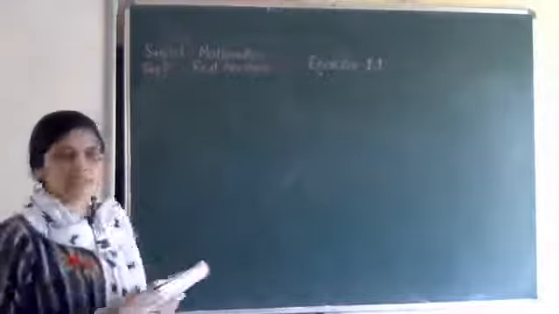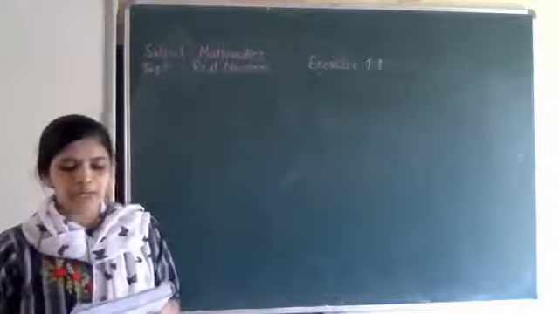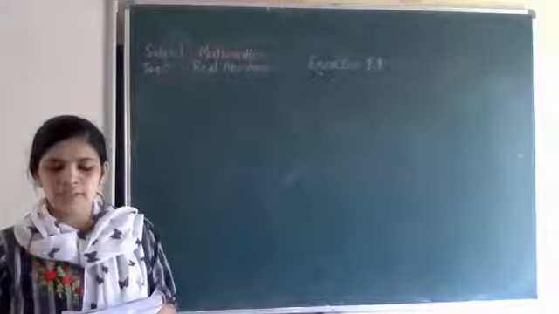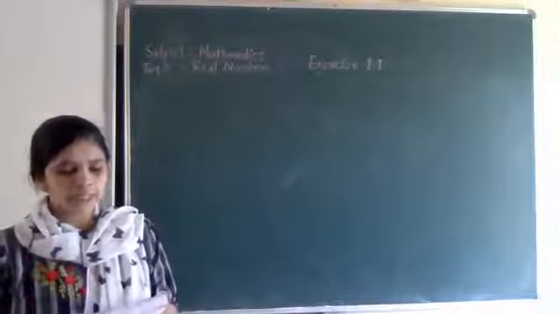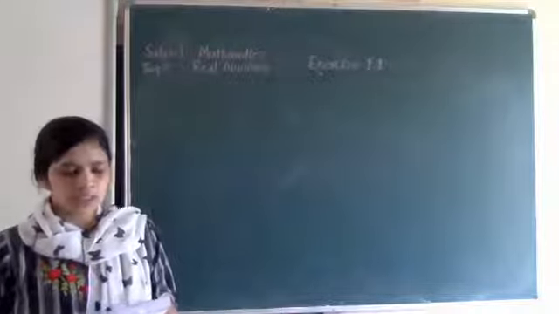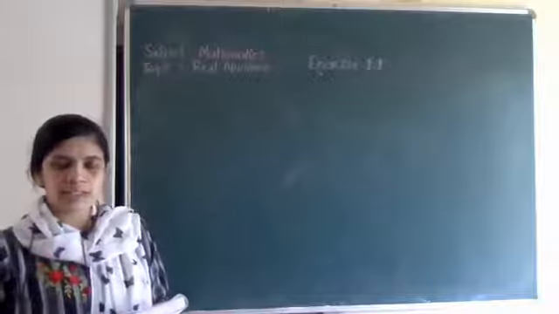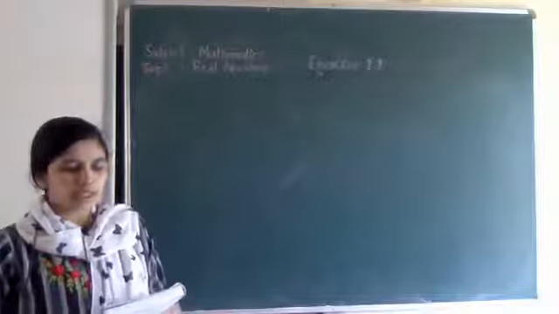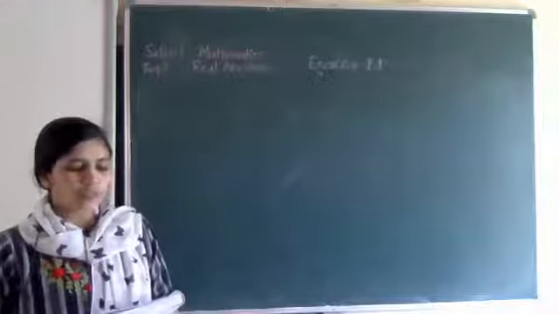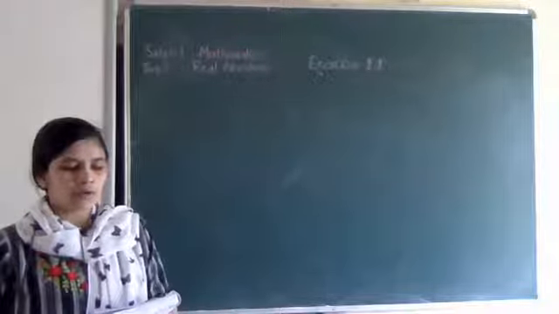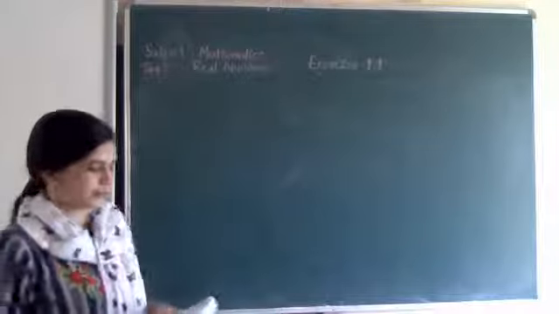Now we will see the fourth question. Use Euclid's division lemma to show that the square of any positive integer is either of the form 3m or 3m plus 1 for some integer m.